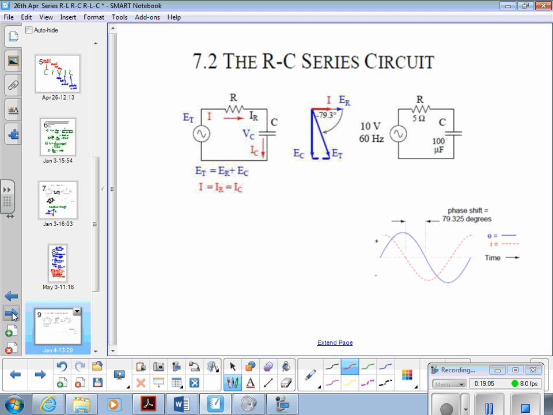We've ended up with the total voltage being this phasor here, as a parallelogram of the other two. We end up with a voltage and a current that are out of phase from each other by this angle alpha again, but it's a negative angle because it's down below the zero line.